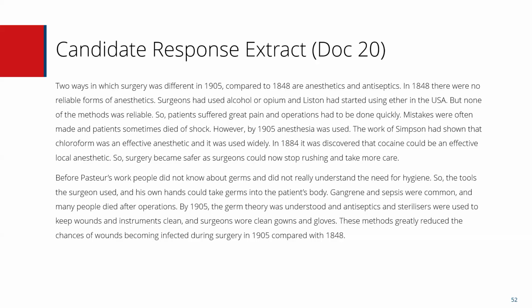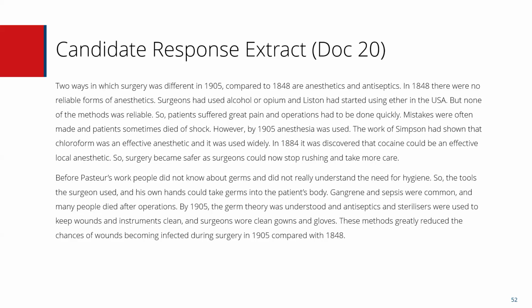So it's looking at anesthetics and antiseptics. Explicit comparisons are made, and they're using specific information from both periods to support those comparisons. So for both strands, it's going to get into the level 3. So that's why document 20 is the stronger one. So you've got the reasons why there.